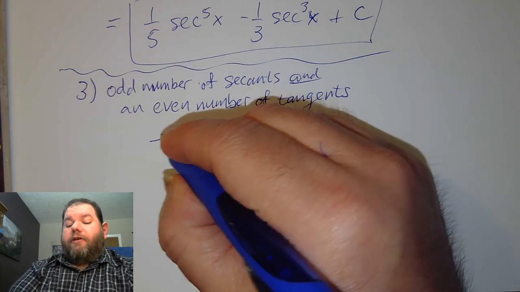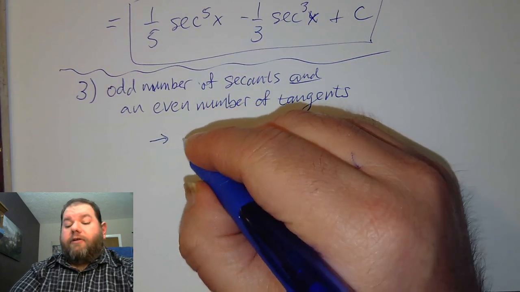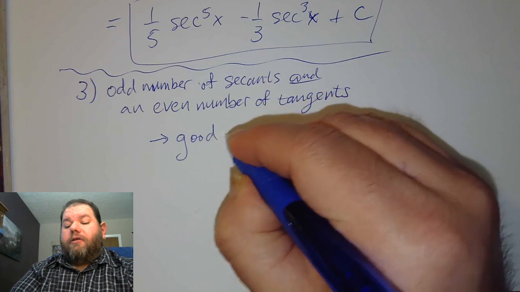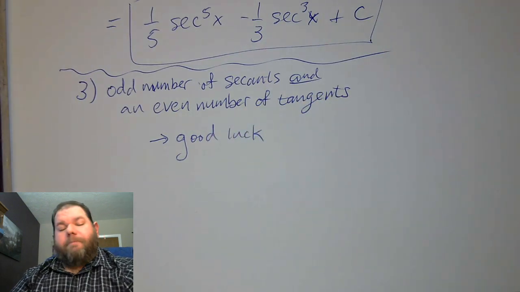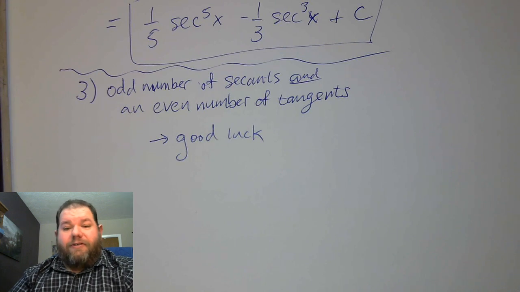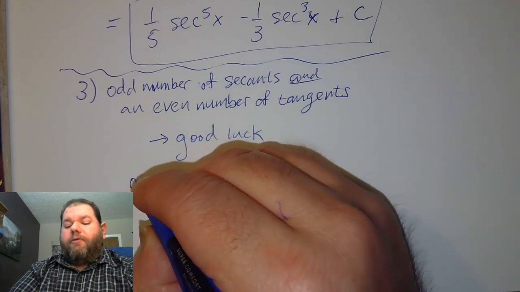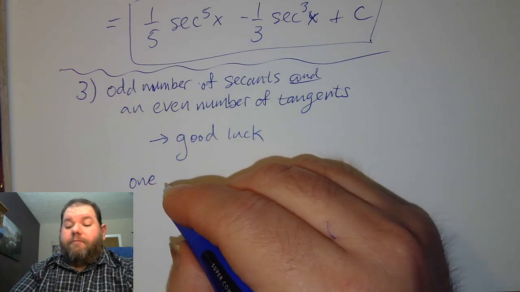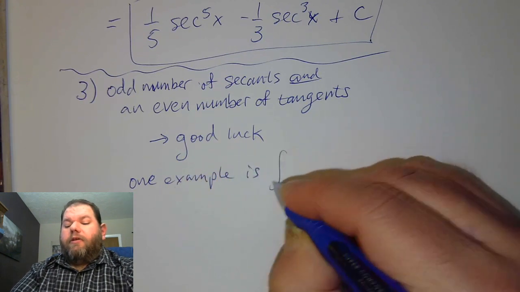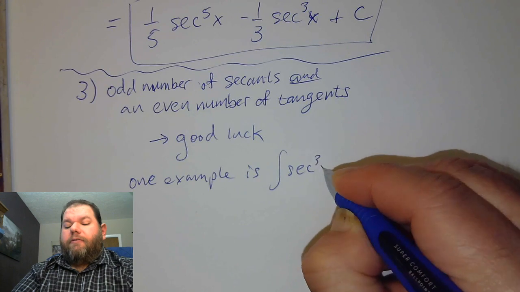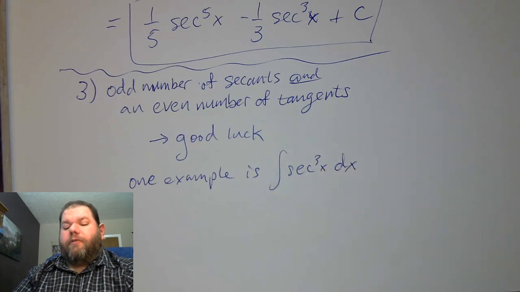Well, my advice to you here is good luck. Unfortunately, there's just not a set process that really works in each of these cases. One example that we looked at last time is the integral of secant cubed x.